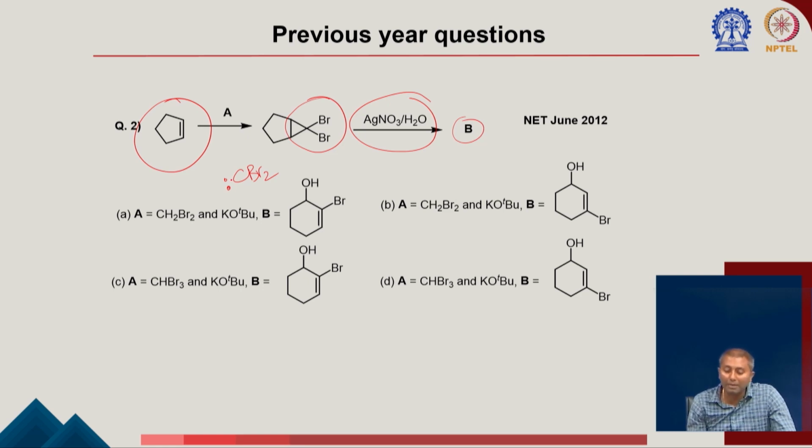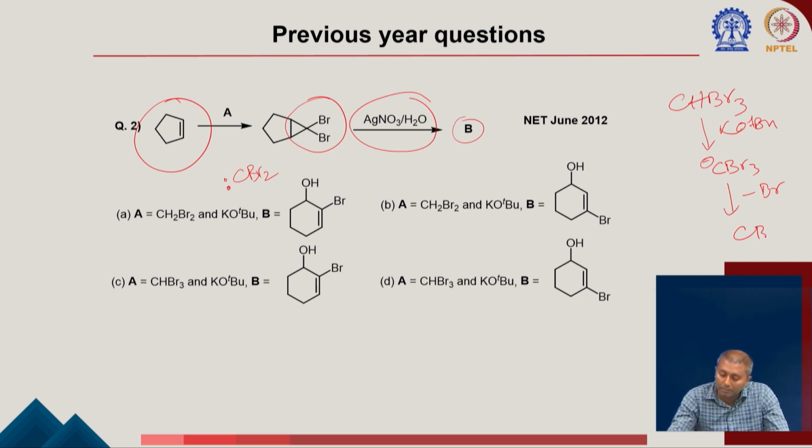We have learned about the reaction called alpha elimination. If you remember, CHBr3, if you treat with potassium tert-butoxide, we have already discussed these types of things when I was teaching you carbene. So please, if you forgot this, go back to those notes. We end up forming C minus Br3, then there will be alpha elimination, minus Br, that is going to generate the corresponding carbene, correct?